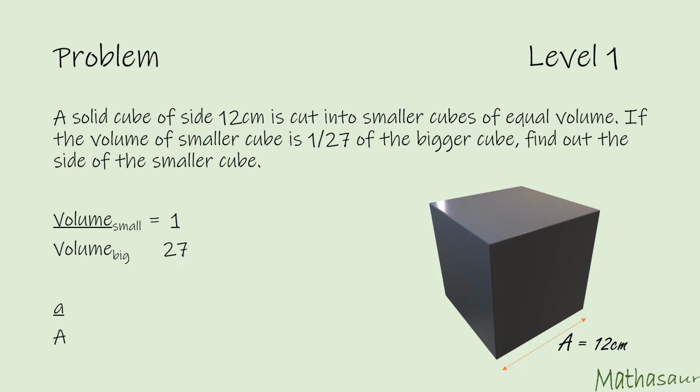Let us represent the side of the smaller cube with the small letter a, and the side of the bigger cube with capital A. So, small a cube divided by capital A cube is given as 1 by 27. We could write 27 as 3 cube and 1 as 1 cube.